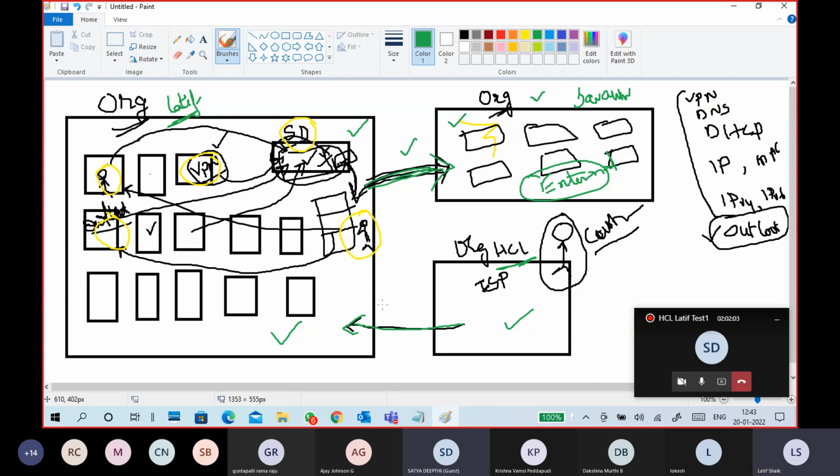So you are providing services as well as becoming a customer, and this customer type at the organizational level, organization to organization, service provider and customer, we call an external customer.